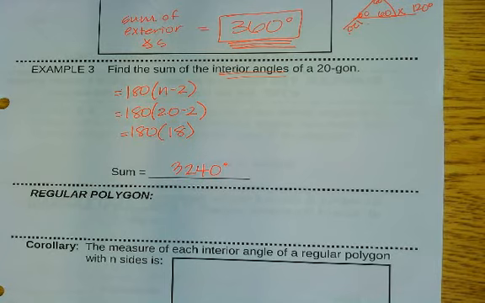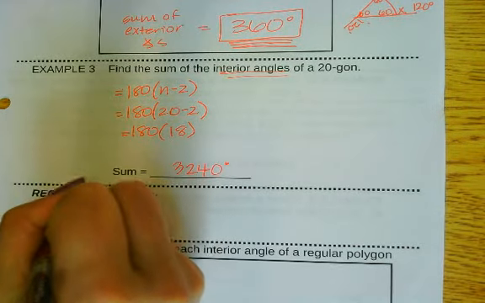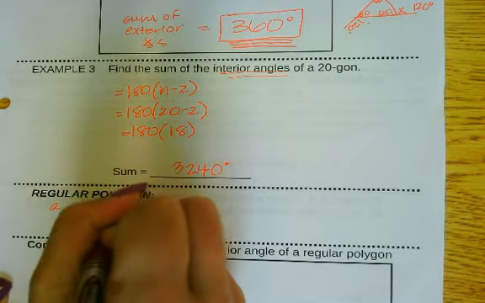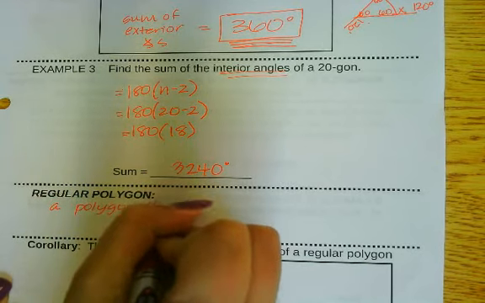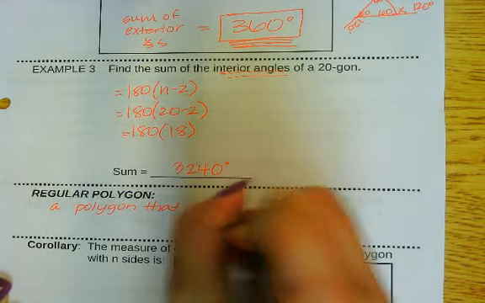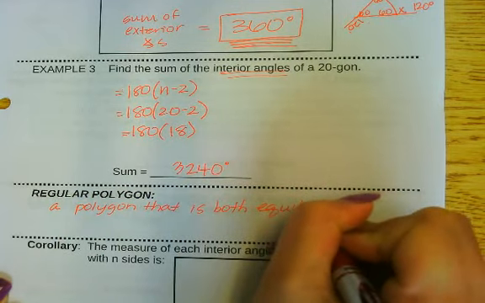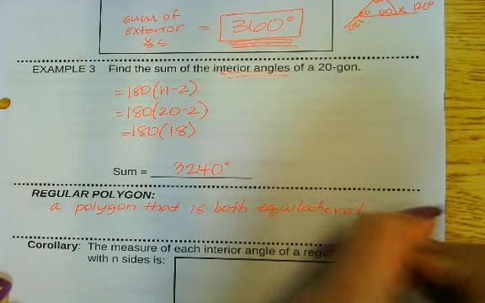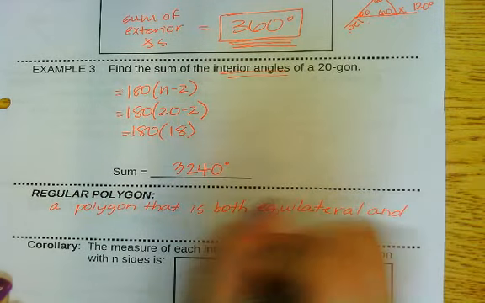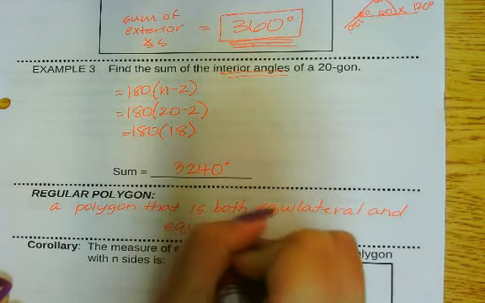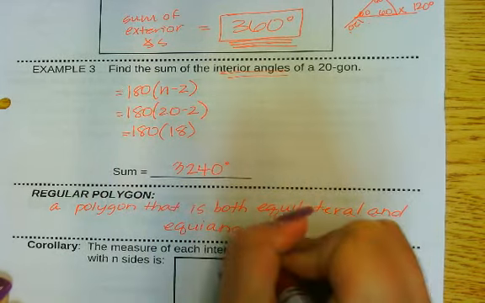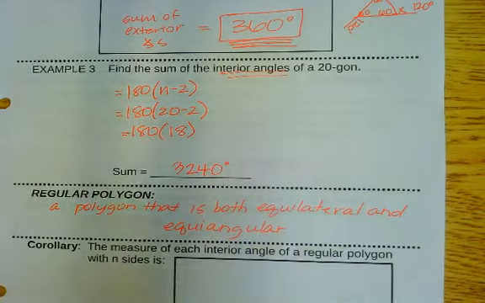A regular polygon is a polygon that is both equilateral and equiangular. Most of the time when we think of equilateral, what do we think of?